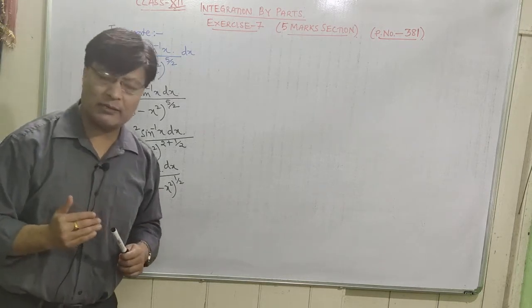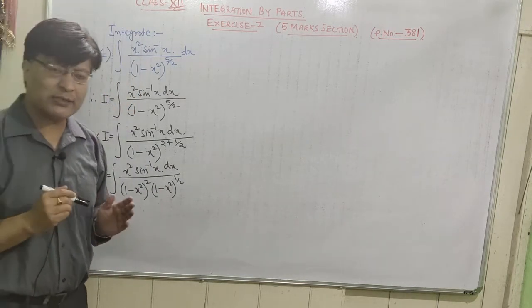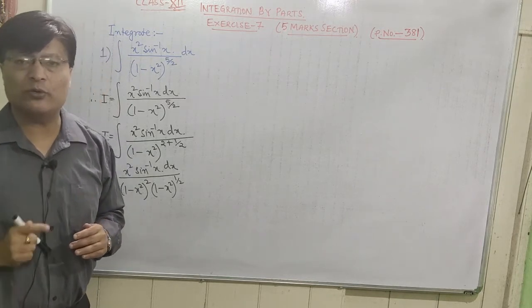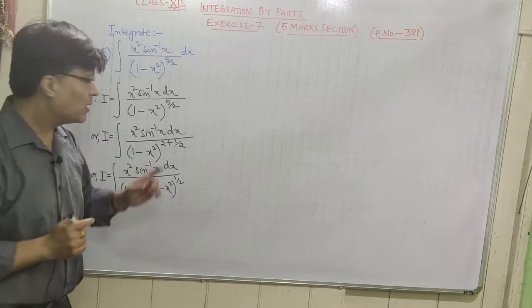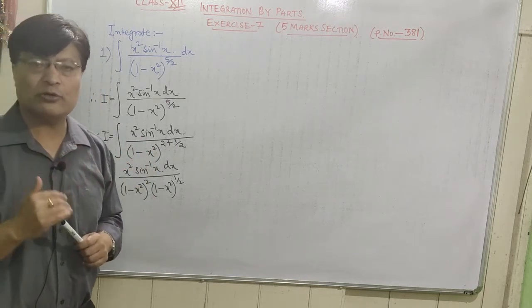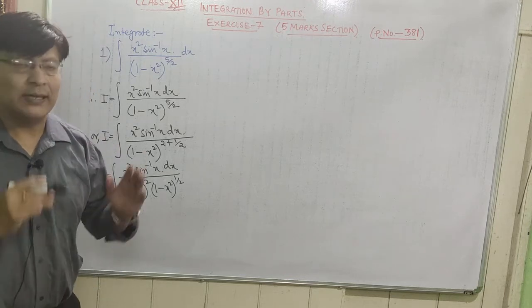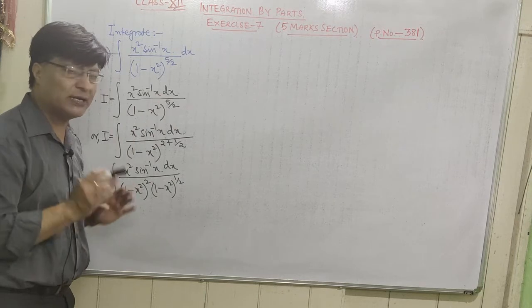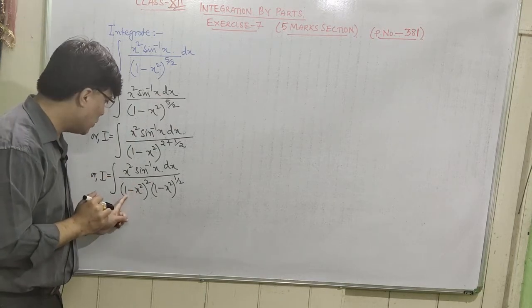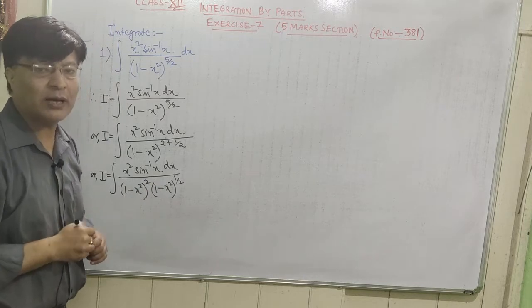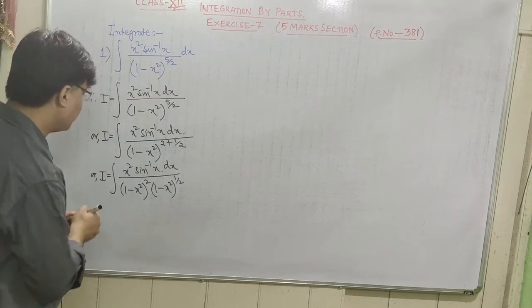So why are we writing this denominator as (1 minus x square) whole to the power half? Because this can be written as within square root 1 minus x square, right? And you know that the differentiation of sin inverse x is 1 upon root over 1 minus x square. That's why (1 minus x square) whole to the power 5 by 2 can be written as (1 minus x square) whole square into (1 minus x square) whole to the power half. Is that clear?